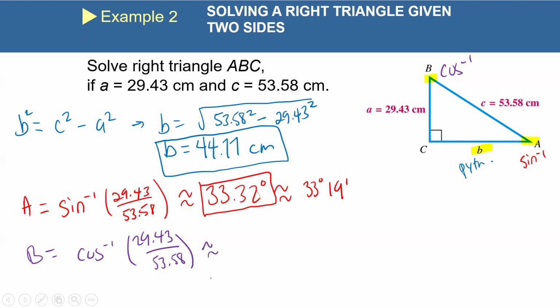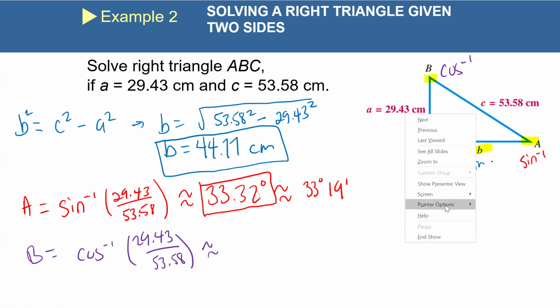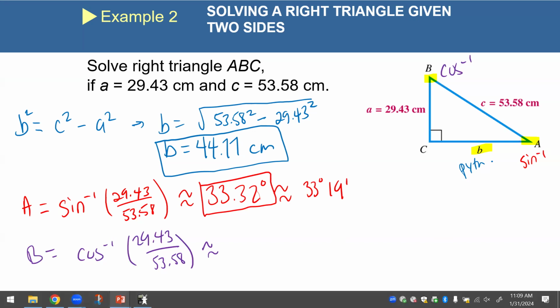If we did regular cosine, if we find the side, yes. When you're using regular cosine, that means you already know the angle measurement. Inverse is saying you don't know your angle measurement. And we don't.